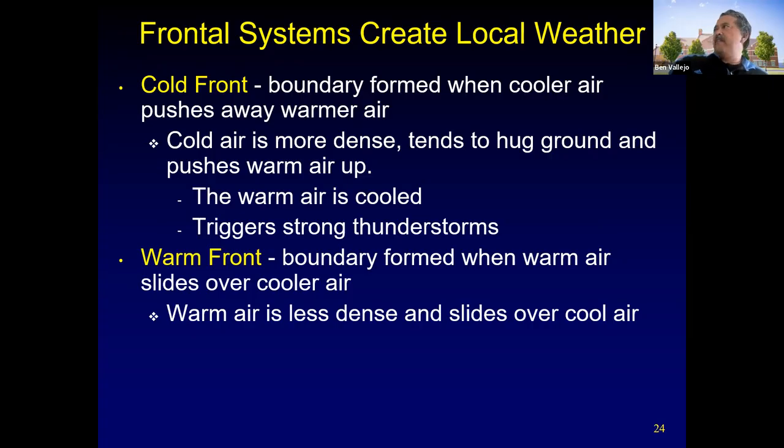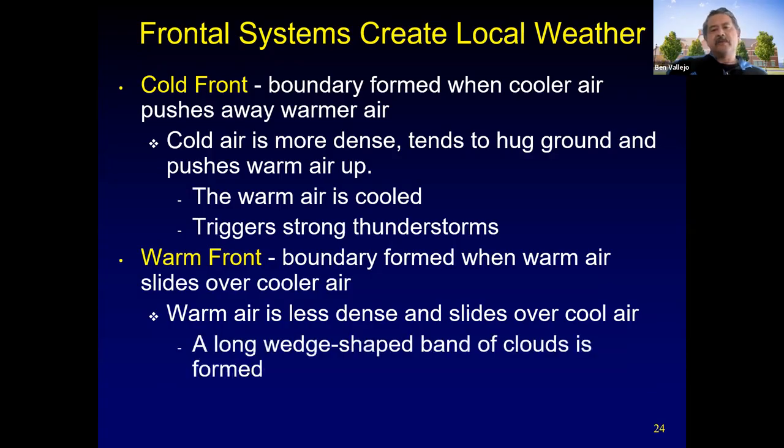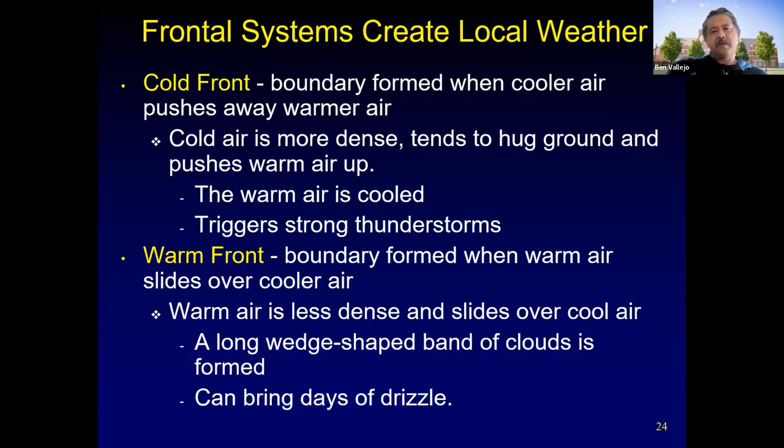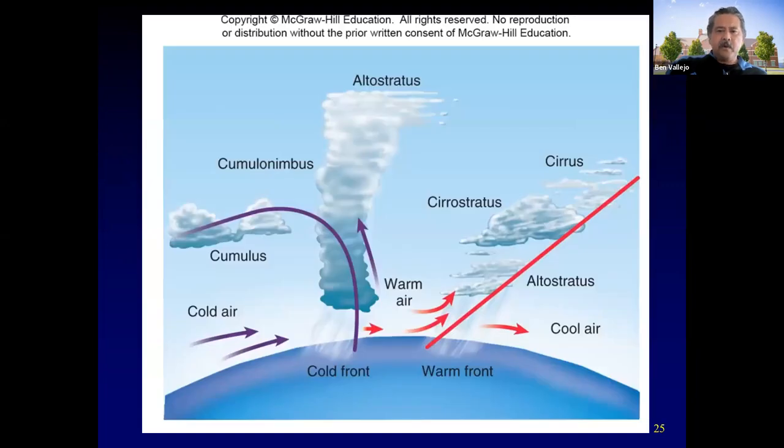And so when you have that, you might see a different cloud pattern, and you'll see the feathery clouds called the cirrus clouds as part of that cloud pattern. And if you take a look, it says here it can bring days of drizzle. Over here, here's the warm front, and these are the feathery clouds. I'm talking about the cirrus clouds.